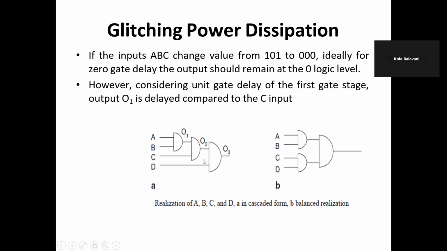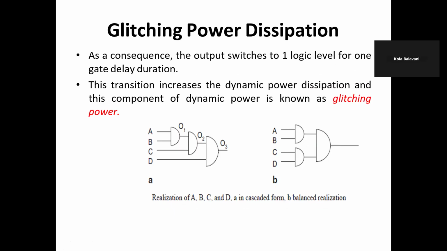Because of this waiting, the signals have some delay, and because of that, extra transitions occur, releasing power dissipation. The remedy is to use a balanced realization of the gates, which reduces the delay between the gates. Then you can reduce the number of transitions, and indirectly reduce the power dissipation occurring at the signals.